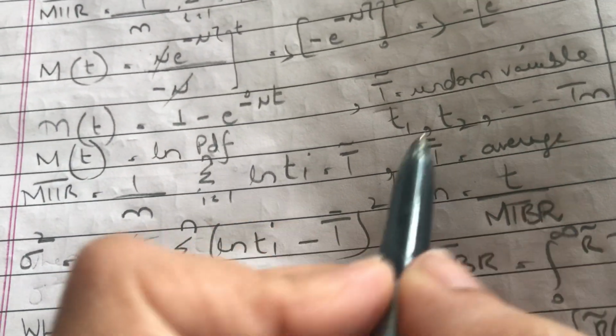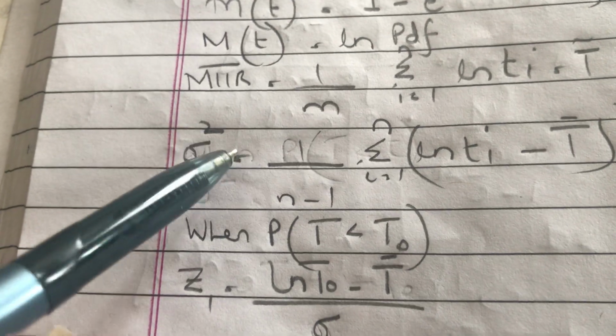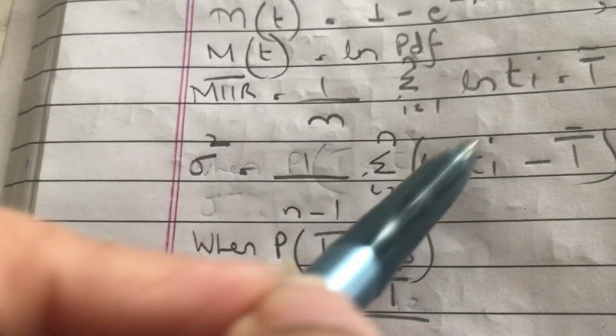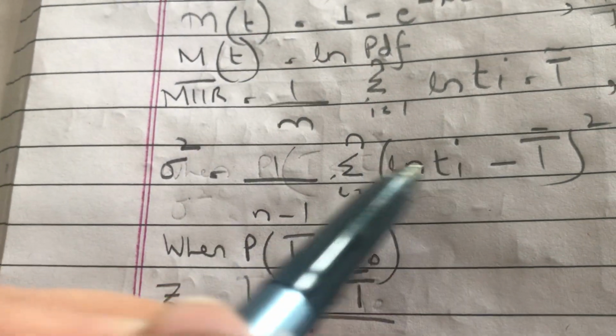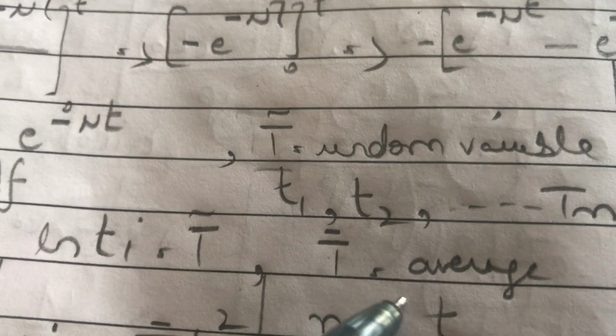So our sigma square is equal to 1 over n minus 1, sum of i going from 1 to n, ln ti, now being represented in the form of ln ti minus t, and this t is the average.